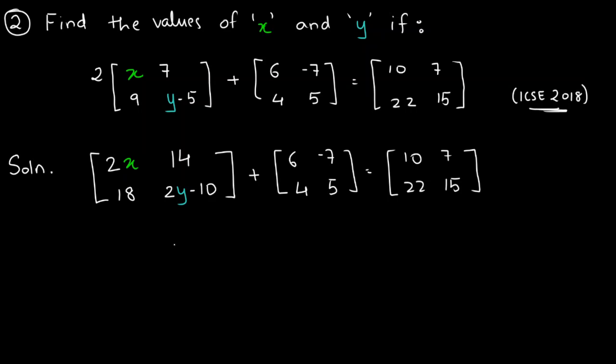So if I am to add these two matrices on my left hand side, I have 2x plus 6, and we have 14 plus negative 7, 18 plus 4, and here we have 2y minus 10, and then plus 5.